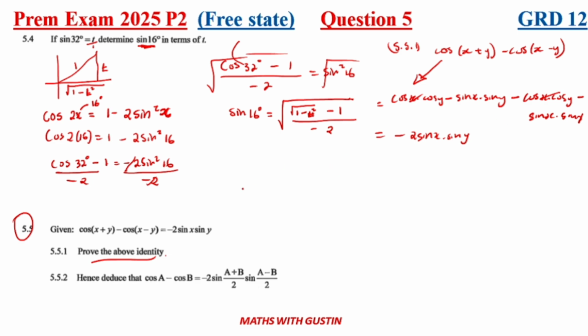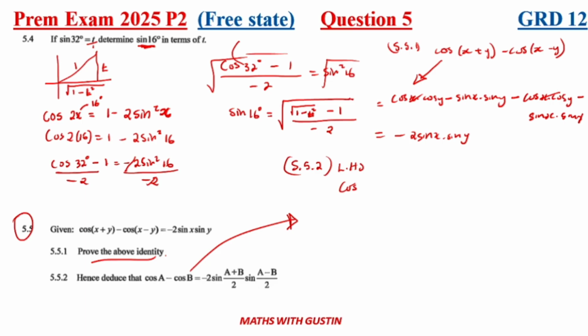Okay, so now 5.5.2. They said hence, otherwise we need to prove that it's equal to that. All right, so now with this on this side, this is what I would do. Now from the left hand side, this is what you can do. You need to substitute them as they are, cos.